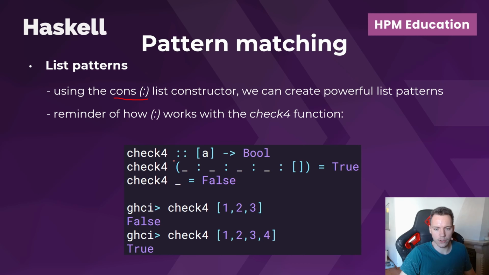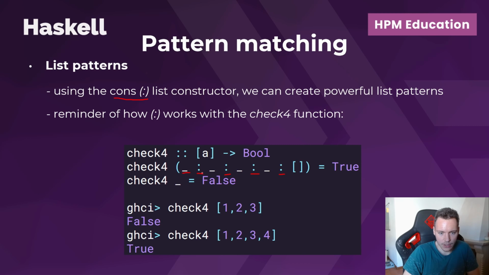So we know that a list is actually constructed using the cons operator. So to replace the pattern from the last slide with the cons, we can wrap it in parentheses, because this is a function application, right? So we have to wrap it to represent one argument.